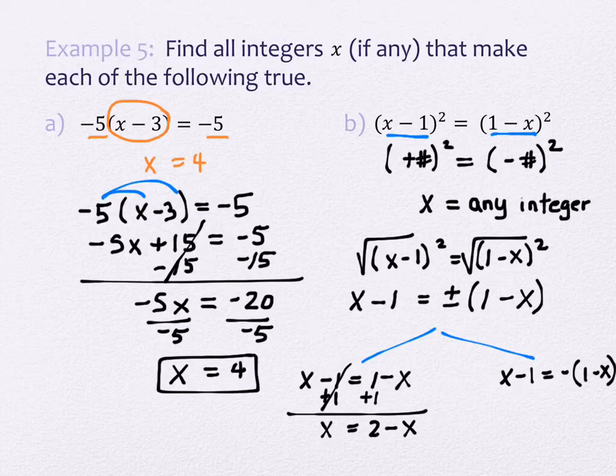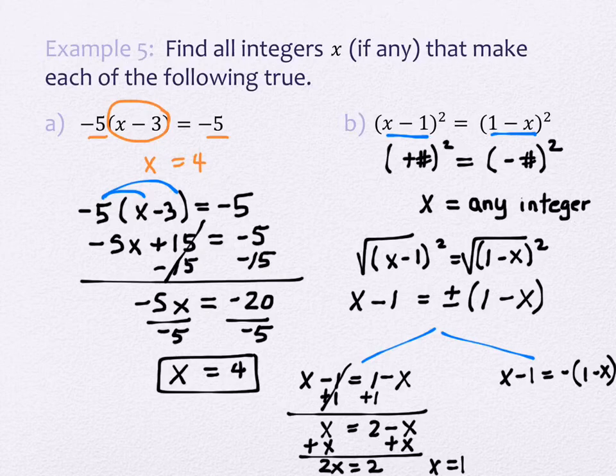Now what? Add x to both sides. So now I have 2x equals 2. And then what would I do? Divide by 2, so what would I get? x equals 1. And does it make sense that x would equal 1 and that would work?